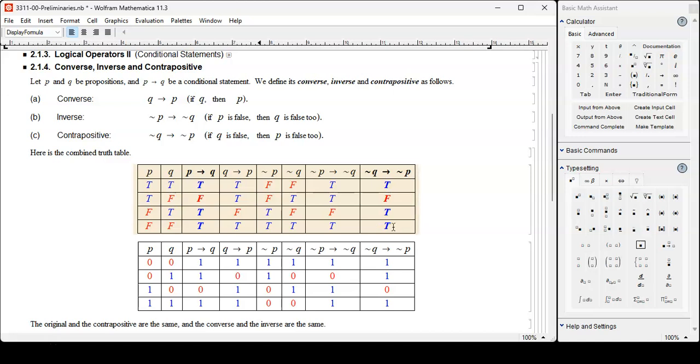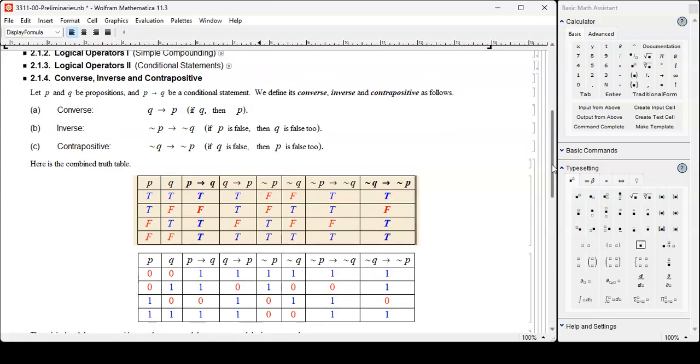So if the contrapositive is easier to handle, then you can prove some conditional statement using its contrapositive. And if you compare the original conditional statement with its converse, they're not the same. So if you have to prove the converse, here's a new problem. You have to go through that separately. And of course, if you take the contrapositive of the converse, you end up with the inverse. These two are the same.